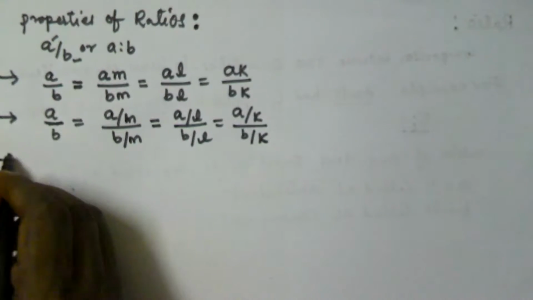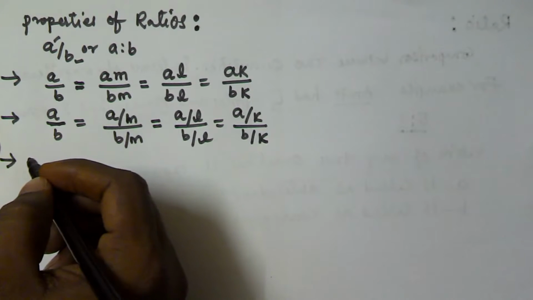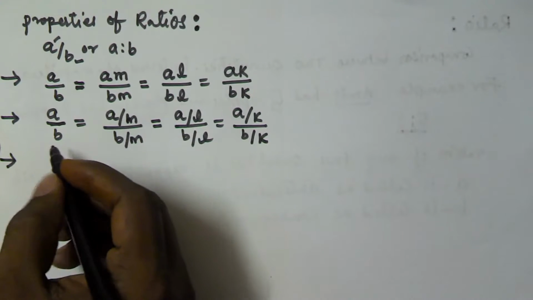The next one is that the ratio of two fractions can be expressed as a ratio of integers.